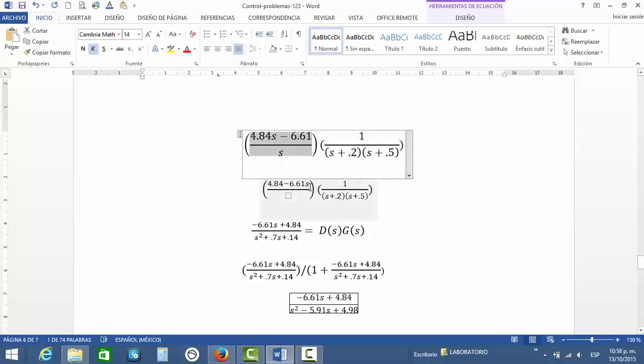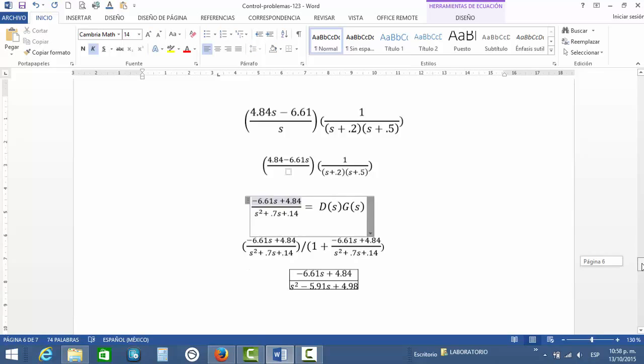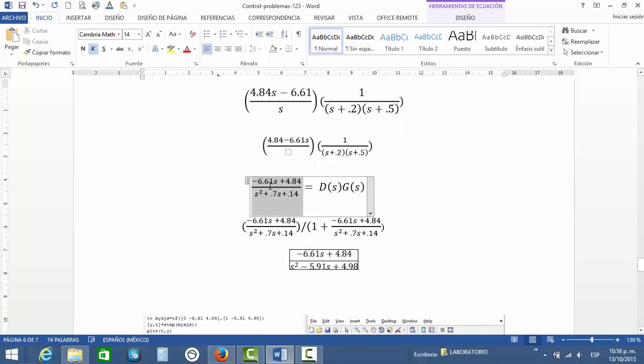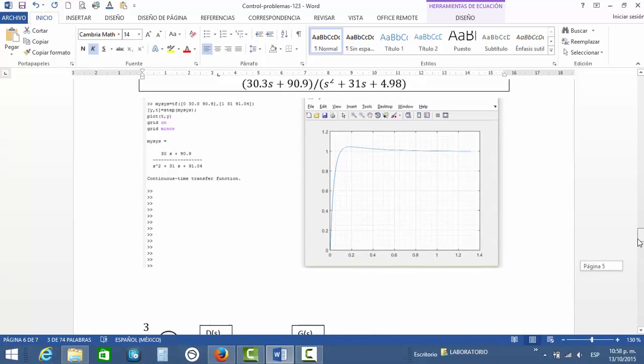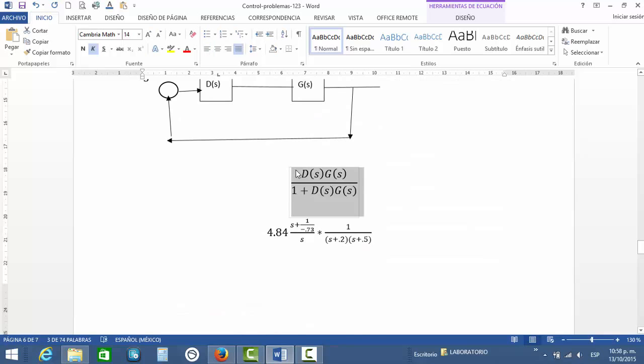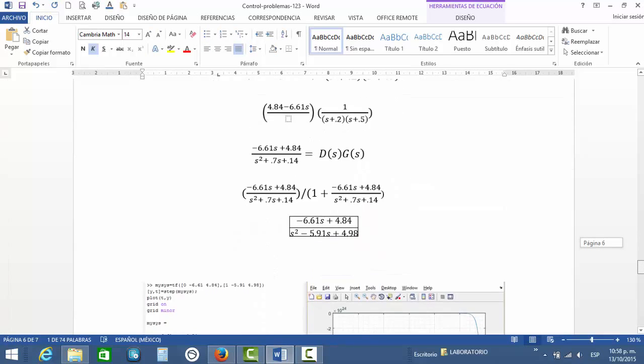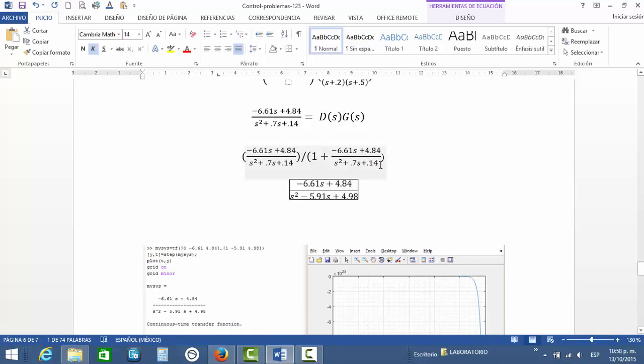Then we divide and obtain the formula, and multiply the Ds and the Gs to obtain this formula. And then we substitute this formula in the first formula, and we obtain this formula.